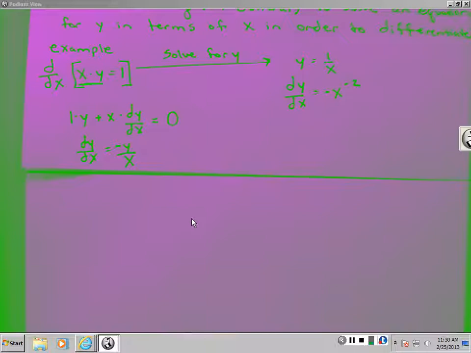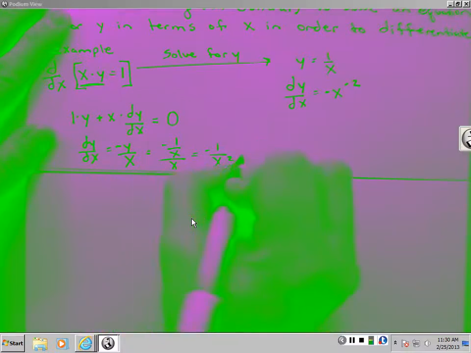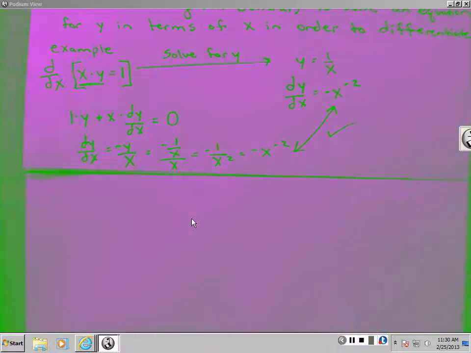So let's plug in what y is in terms of only x and see if the derivative equals the same thing we did the original way. So if I plug in, minus 1 over x, that gives me minus 1 over x squared, which gives me minus x to the minus 2. Now does it look the same? Yes.